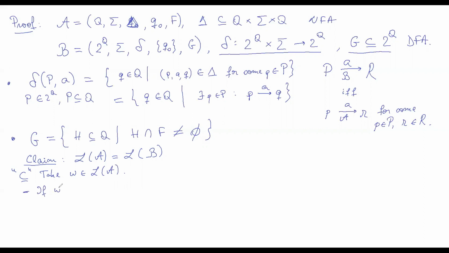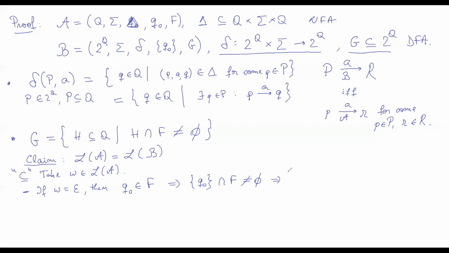If W is the empty word, remember that my automaton A doesn't have any epsilon transition. So the only way this could happen is if the initial state is also a final state. But then that implies that this state, obviously, this is a trivial implication, is non-empty.